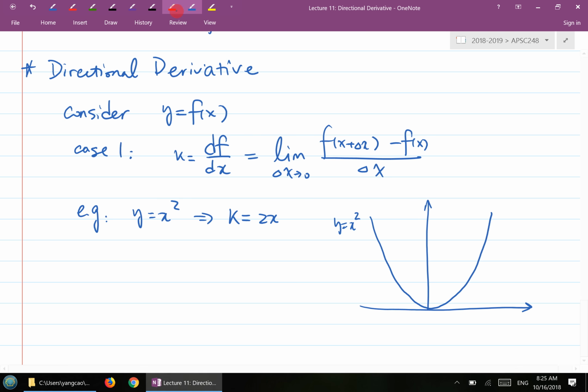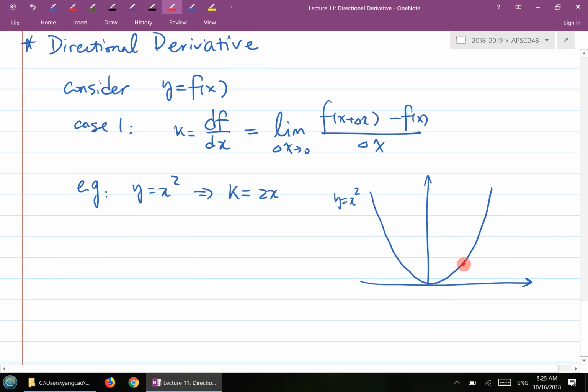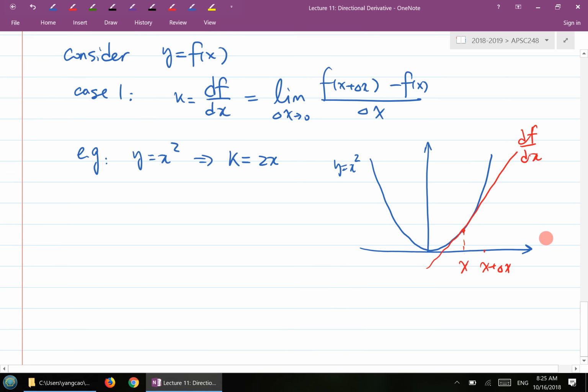If this is the x value and this is x plus delta x, then we can get a slope right here, df over dx. So that's the idea of a slope concept, or using a line to represent part of that curve around the x value here.